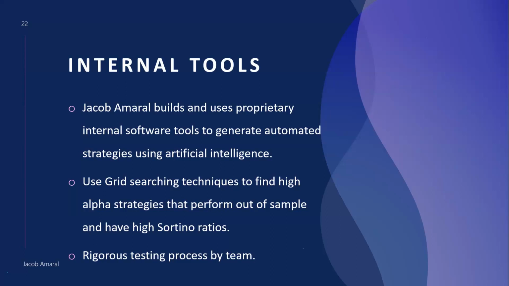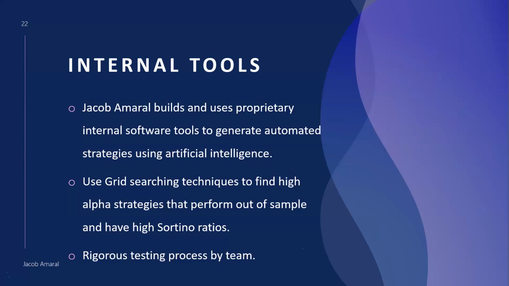So grid searching is basically you give a range of parameters and then you say, all right, within this range, find me good strategies. So that range could be, test these different indicators or test these different markets and tell me the 10 best performing ones. I'm setting up a grid with limits and it helps me find those strategies.